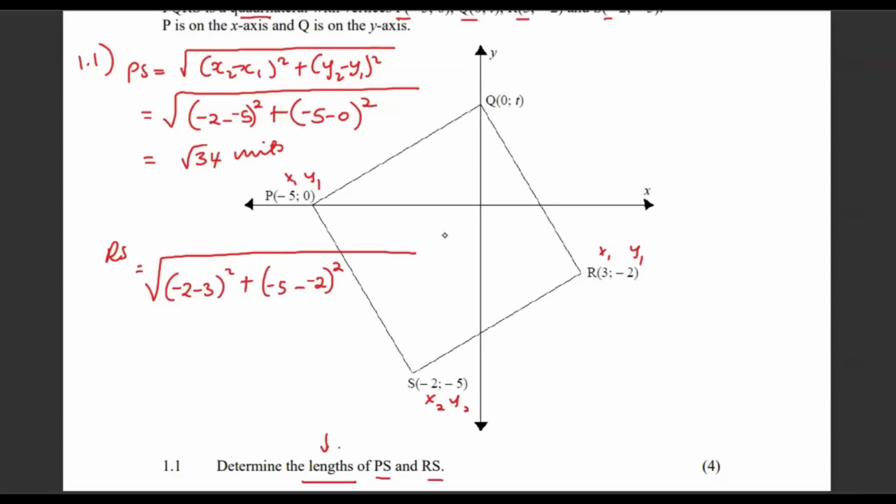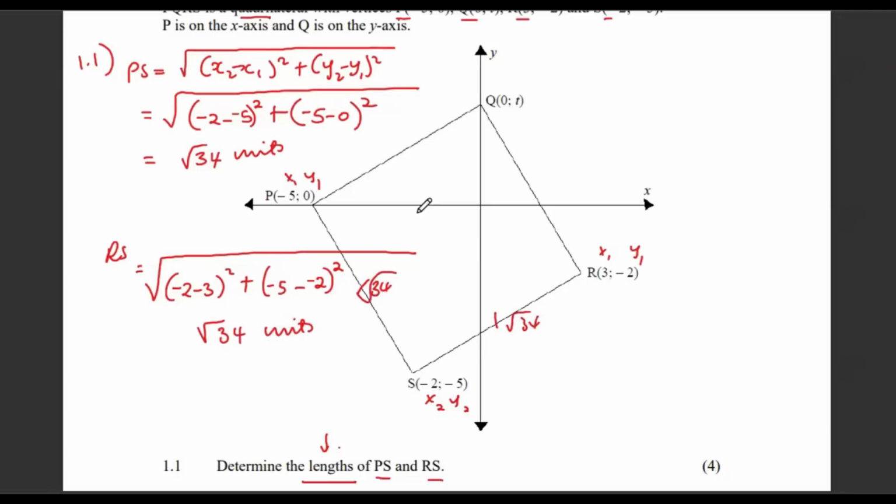It's not a big deal as long as it's all indicated. Then I'm also getting the square root of 34. So this is root 34, and this is also root 34.